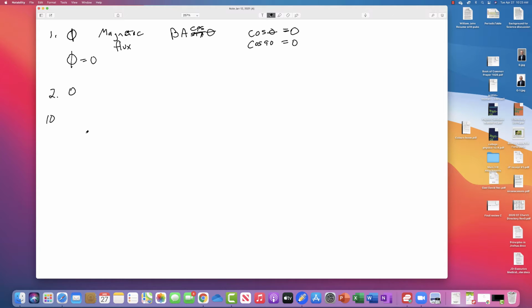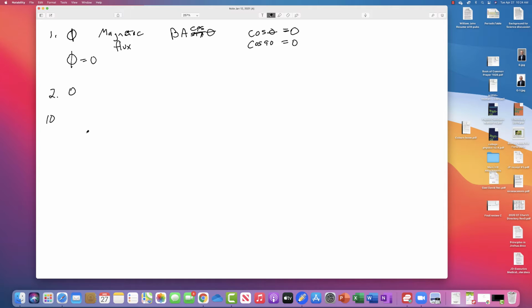Problem number 10 says the following: referring to the situation in the previous problem, which was an MRI technician moving his hand in a region of a very low magnetic field strength in an MRI scanner with a 2 Tesla field and his fingers pointing in the direction of the field, find the average electromagnetic force induced in the wedding ring given the diameter of the ring is 2.2 centimeters, and assuming that it takes 0.25 seconds to move it through the field.